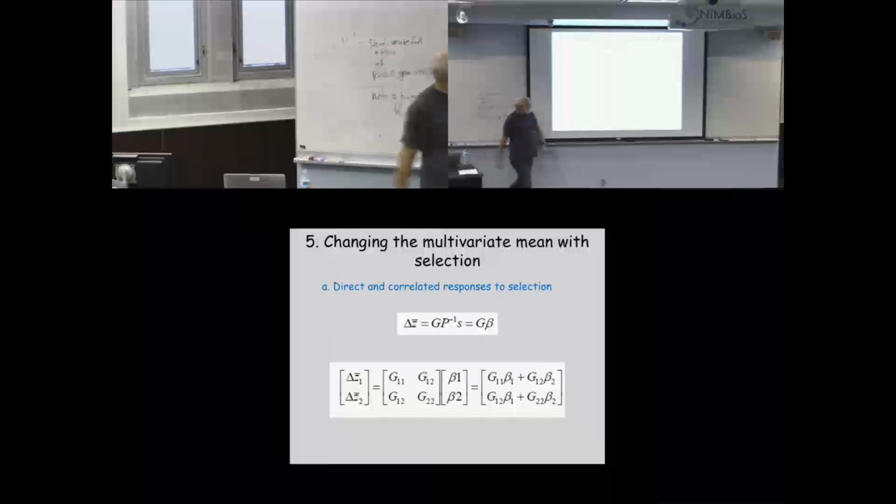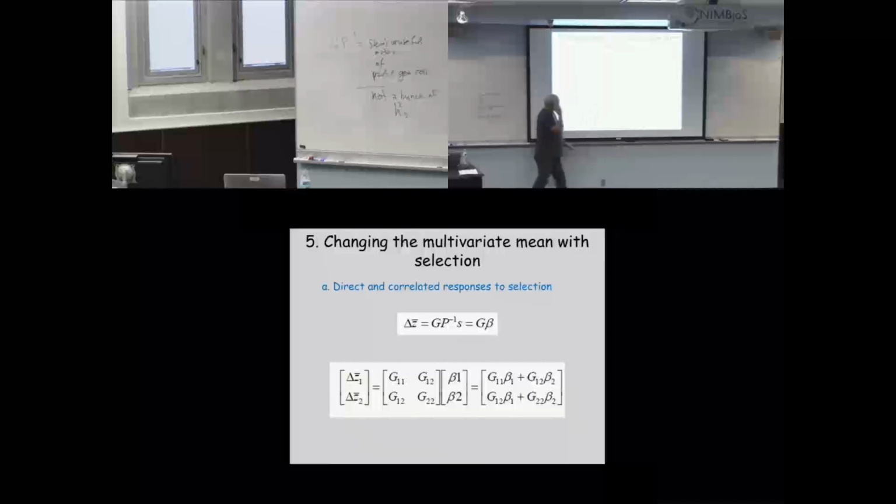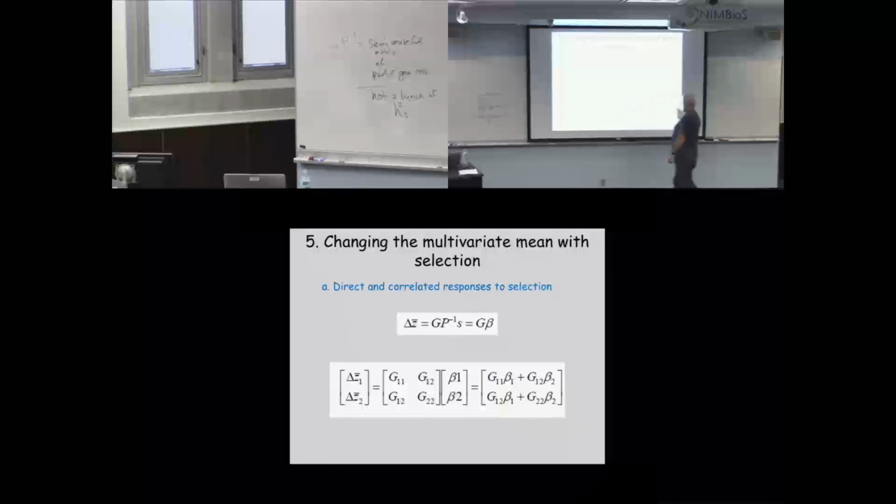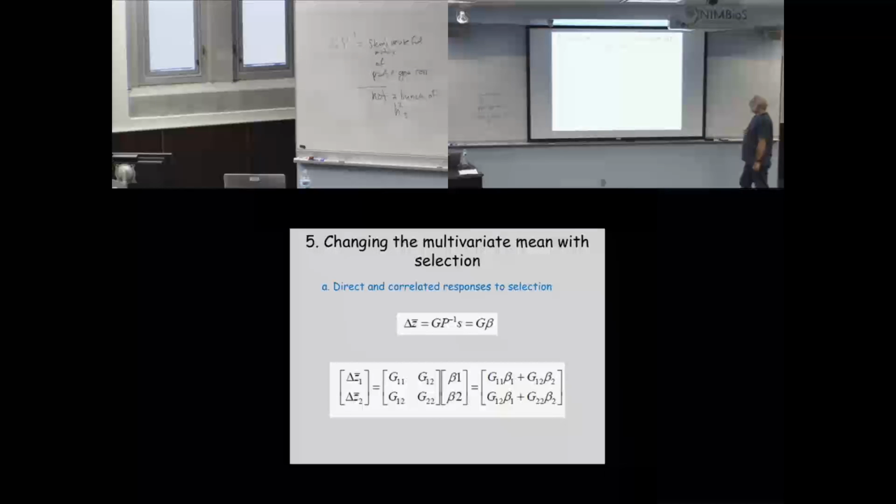You mean if you want to take beta 1 times the first column and add that to beta 2 times the second column? I'll have to think about that. That would give you this term plus beta 2 times this term, right?